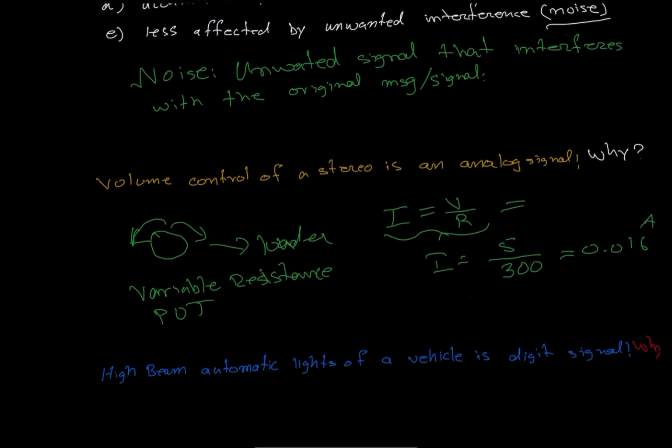But if my resistance goes lower, for example, I turn the knob all the way to the right, let's say resistance is 5, then it is 5 over 5. Now I get 1 amp. 1 amp in terms of music or stereo will be very loud music, so it can disturb your hearing.